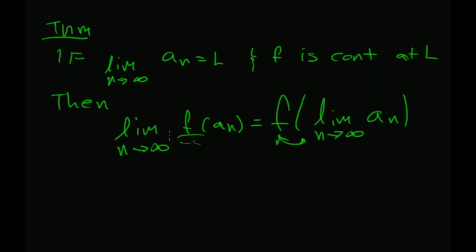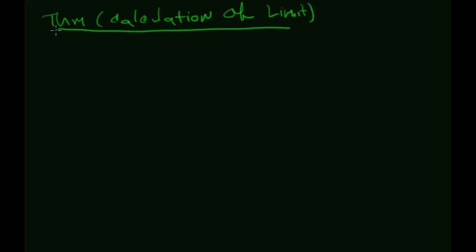Normally we are not going to use the definition of convergence to calculate these limits. We'll take a look at how these things are actually calculated here. So this is actually a theorem, and this involves the calculation of limits of sequences. This is pretty straightforward.